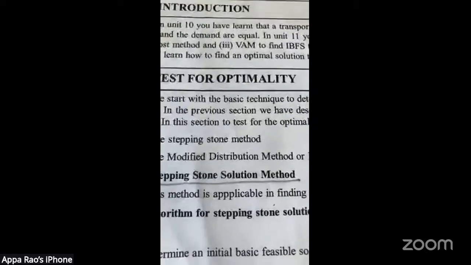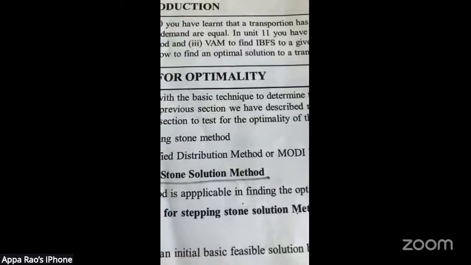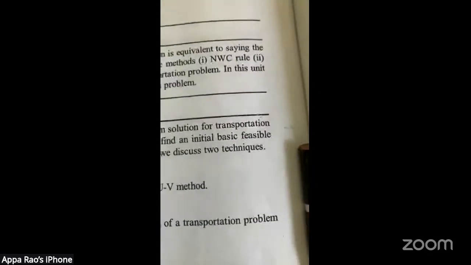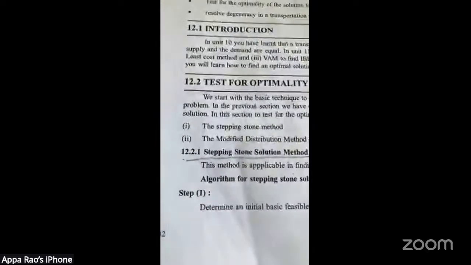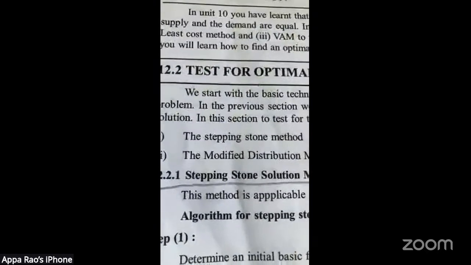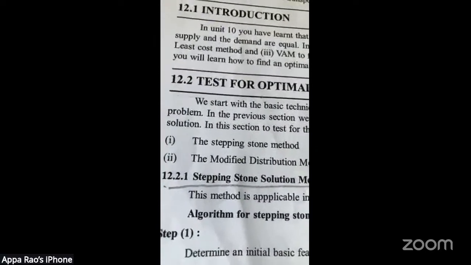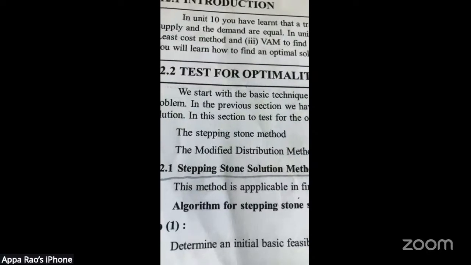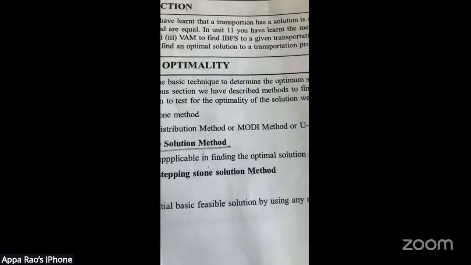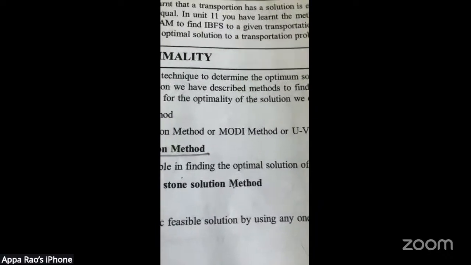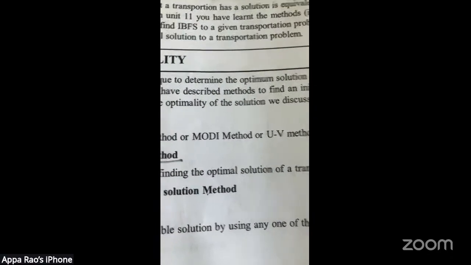In this section, to test for the optimality of the solution, we discuss two techniques. What are the techniques? First one is the stepping stone method. Second one is the modified distribution method, or MODI method, or UV method.